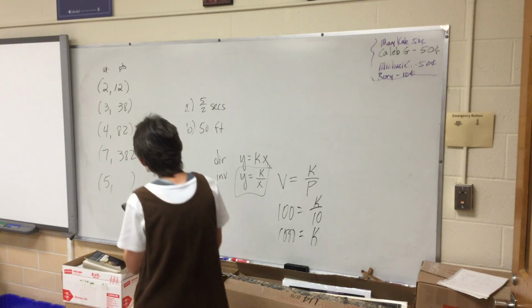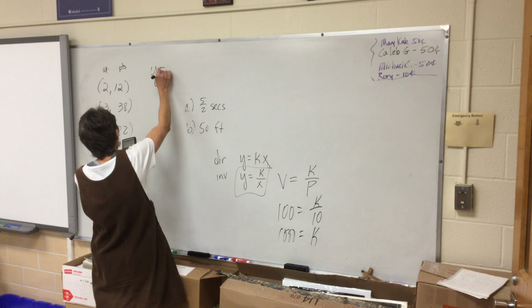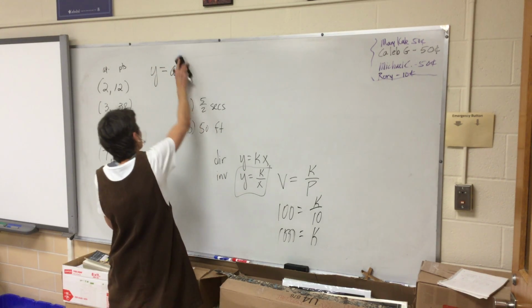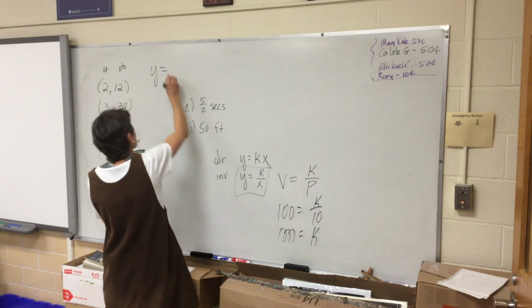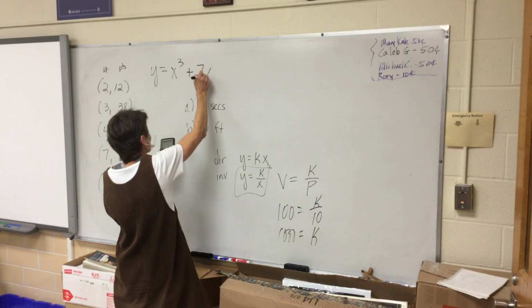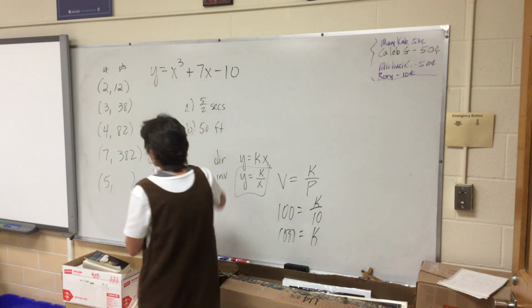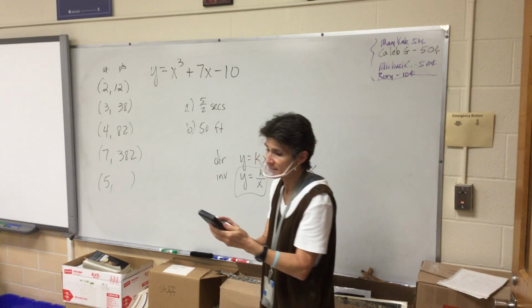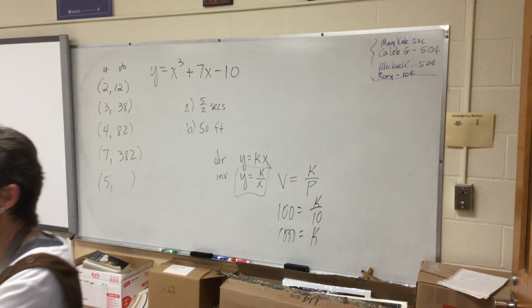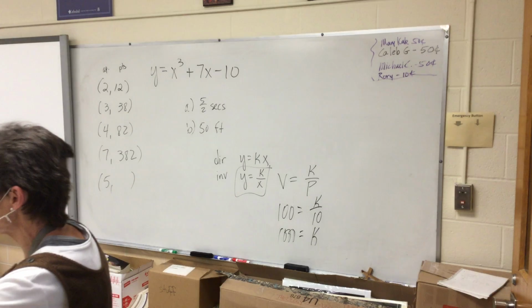All right, so what's my equation? Y equals 1x cubed, no x squared, 7x minus 10. No x squared because the b, look at the equation on the calculator, the b is what goes with x squared, and we just agreed b was 0.